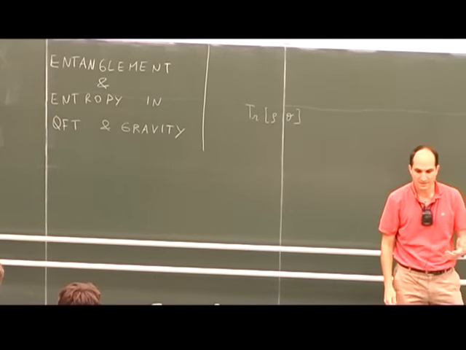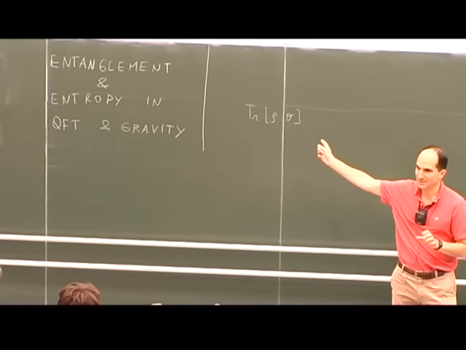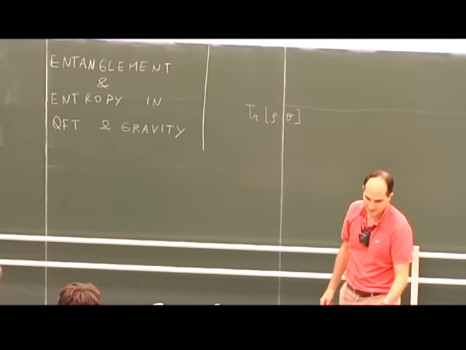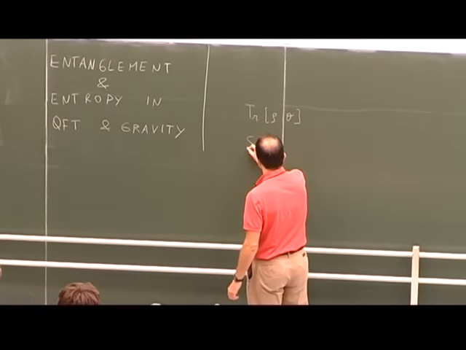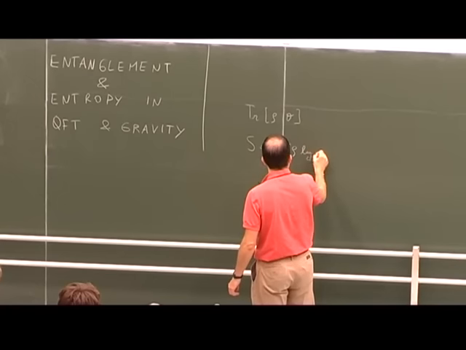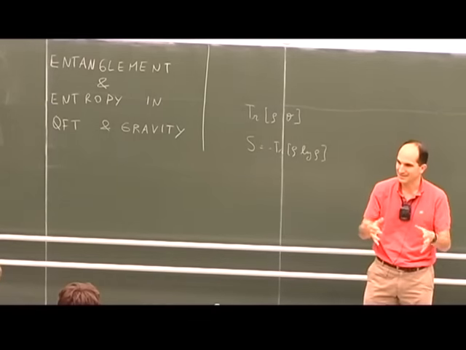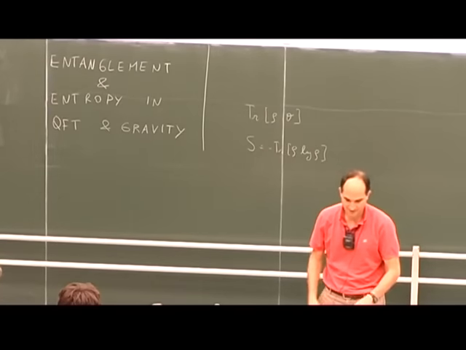Any experiment we design to measure an observable takes some operator O and its expectation value, which is linear in the density matrix. While entanglement entropy is nonlinear. So it's difficult to design an experiment which measures directly the entanglement entropy for a given density matrix, or the entropy of a density matrix, no matter how you define it.